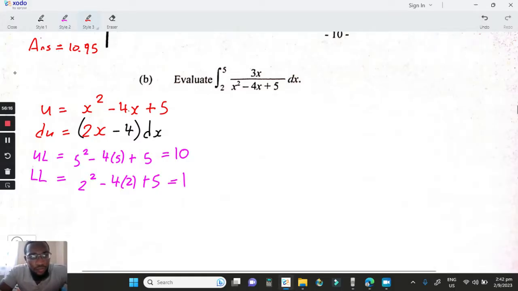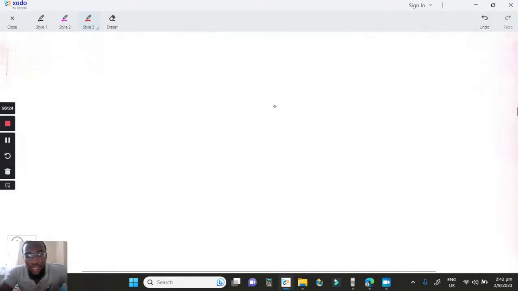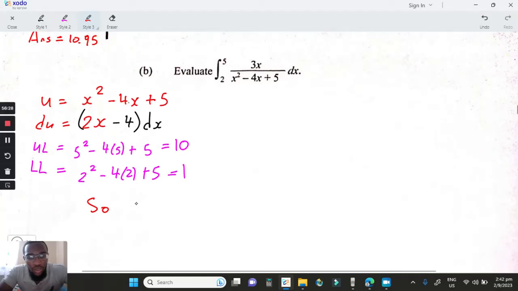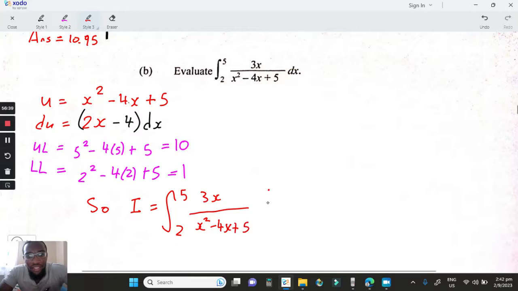Since I'm doing substitution, look at what we're saying now. Let's call it I, which is the integral from 2 to 5 of 3x over x squared minus 4x plus 5 dx.